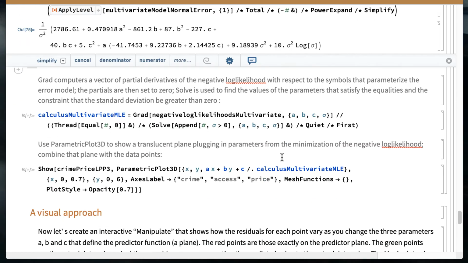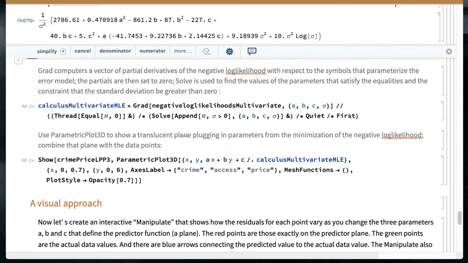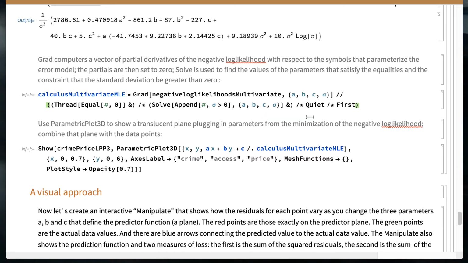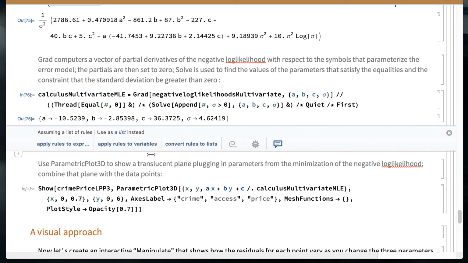By this point, you're probably getting bored. We can take the gradient of the negative log likelihood with respect to our parameters A, B, C, and sigma. We set those gradients equal to 0. We solve them on the condition that sigma has to be greater than 0. We shut up an annoying error message, and we take the first solution, and there we go.